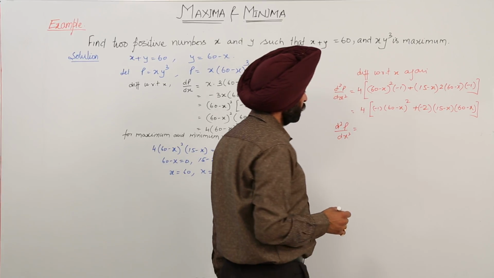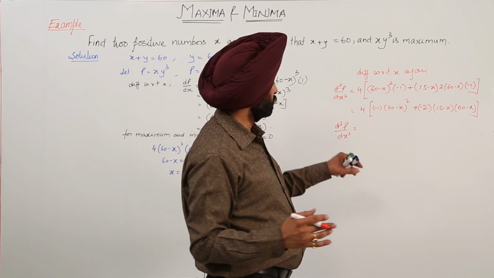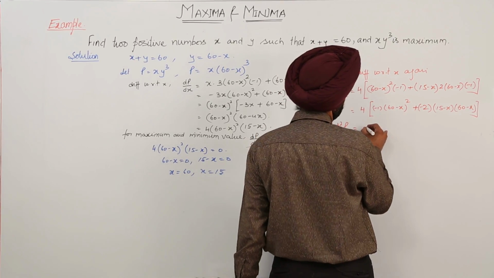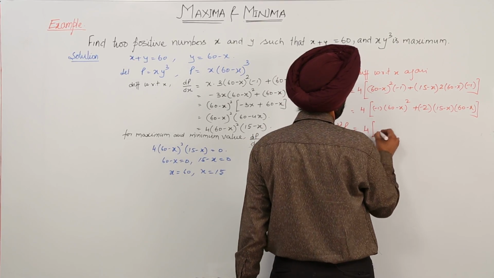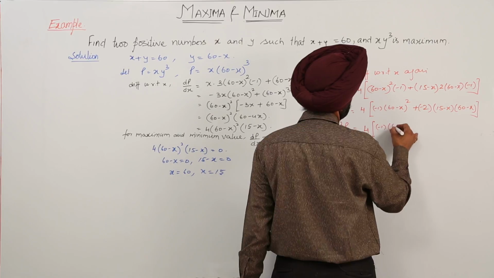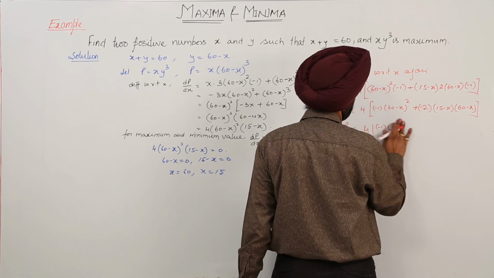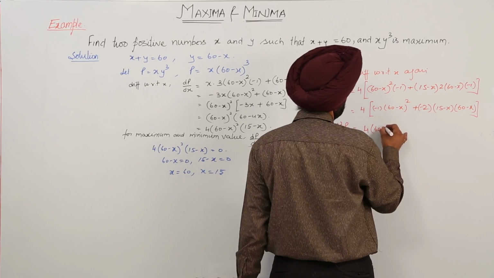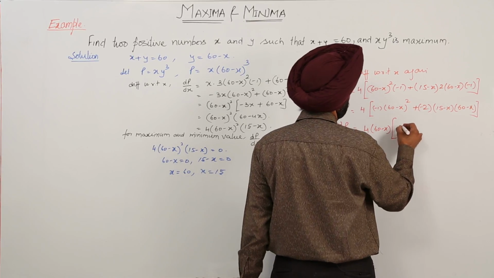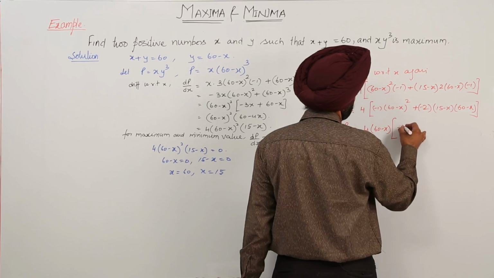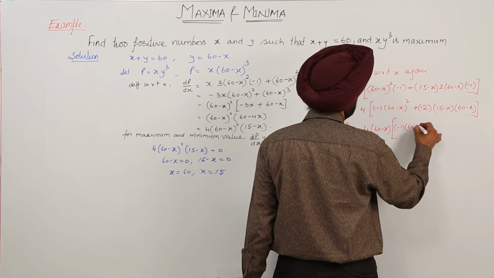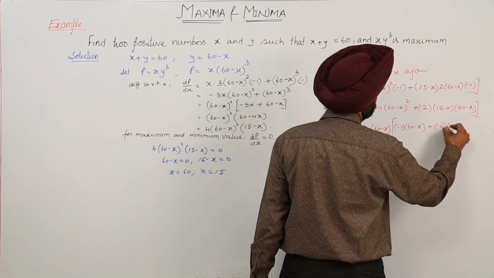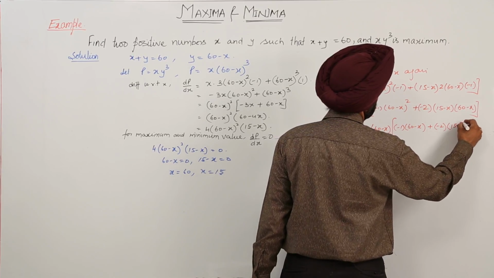So now on solving this whole part, 60 minus x can be taken common. So we are having 4, let me take common 60 minus x. 4 with (60 minus x) taken common, we are left with now minus 1 with (60 minus x) plus minus 2 with (15 minus x).